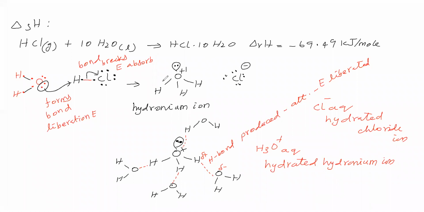While what are the processes involved: here a coordinate covalent bond, a dative bond, is formed. Here covalent bond breaks. Here hydrogen bond forms. Okay. So during this, here energy absorption, here energy release, here energy absorption, here energy release.